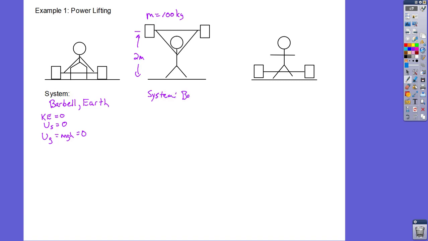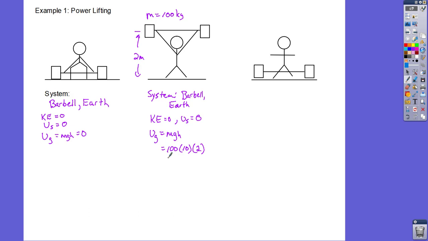So we still have the barbell and the Earth as the system. At this point it's at rest, so there is no kinetic energy. We know there's no energy from a spring, but now we do have gravitational potential energy equal to mgh. So that's going to equal our 100 kilograms, we'll use 10 for little g to make our lives easy, and 2.